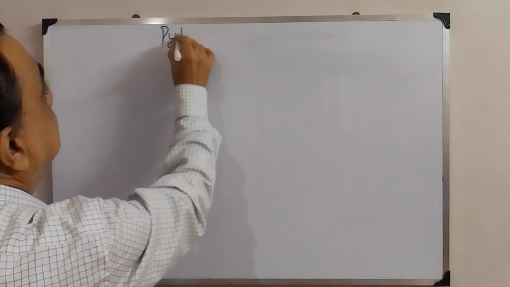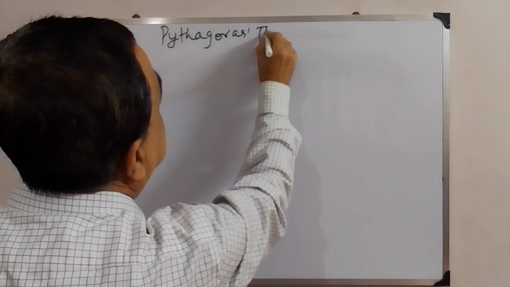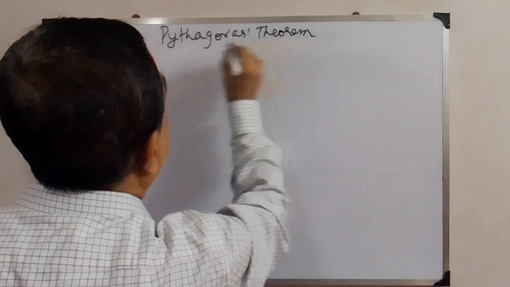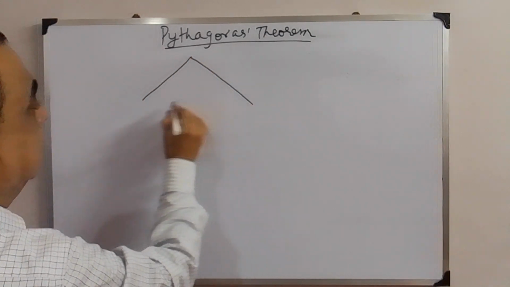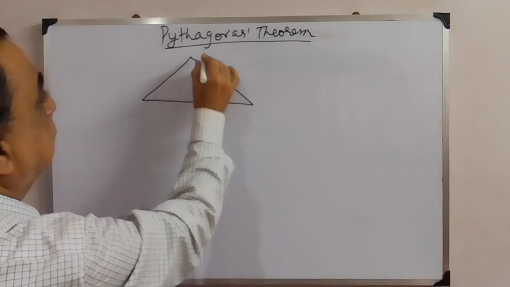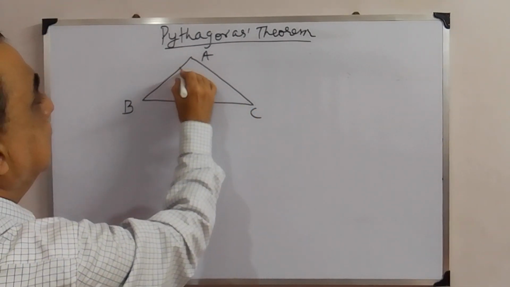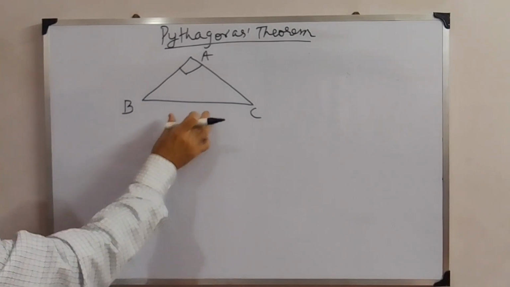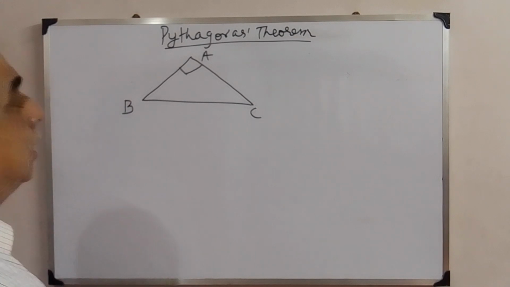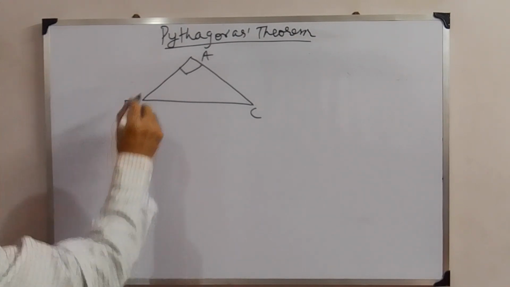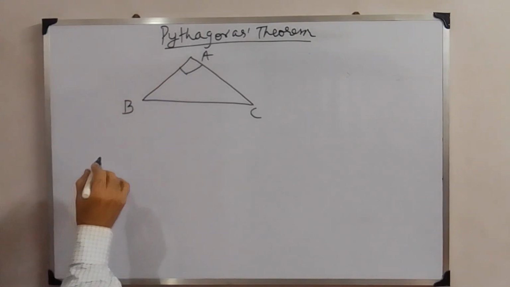What does the Pythagoras theorem state? It states that in any right angle triangle, suppose this is a right angle triangle ABC, right angle at A, the square of the hypotenuse is equal to the sum of the squares of the other two sides. So, in this triangle, it is given that angle A is 90 degrees.